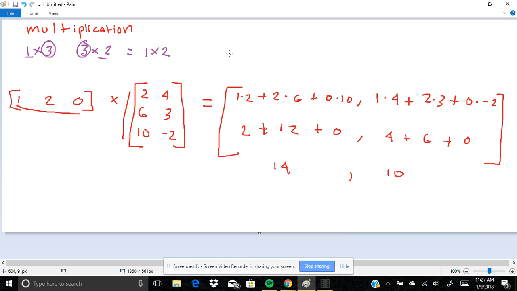And your resultant would be that 1 by 2, which is 14, 10. And you don't have to put that comma. And that is your answer. And that works for larger matrices and smaller ones, but you just have to make sure that these numbers are the same.